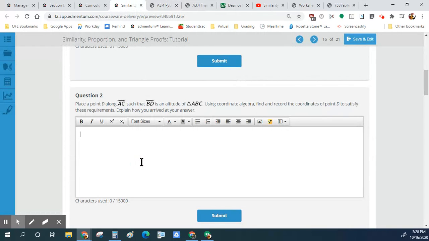9.6. So what I'm going to do here is say, I use the perpendicular line tool to find the altitude.